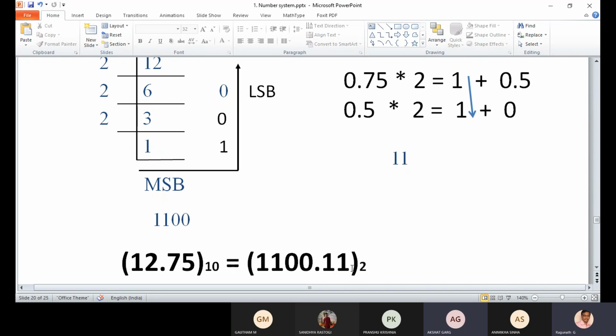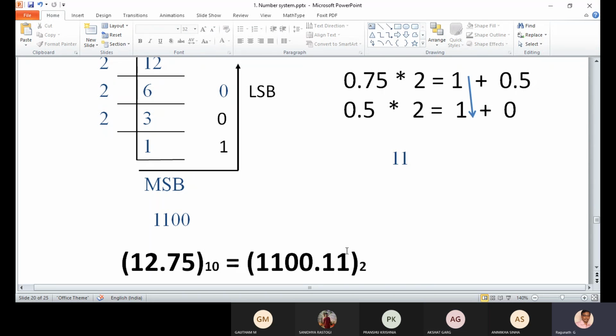Yes. 110. What is the equivalent of 110? 6. Am I correct? 14.6. If I want to write the hexadecimal, what is the value of 1100? C. C dot 1100, again C. C dot C.